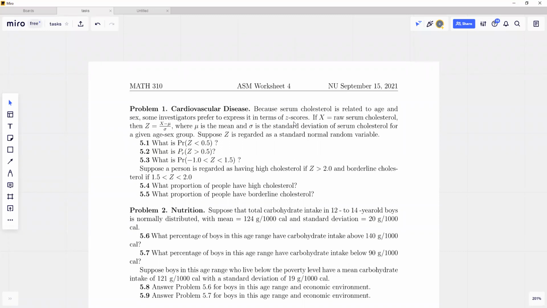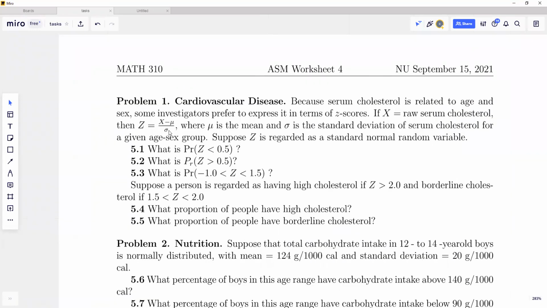If X is equal to raw serum cholesterol, then Z is equal to X minus mu over sigma, where mu is the mean and sigma is the standard deviation of serum cholesterol for a given age sex group. Suppose Z is regarded as standard normal variable, then what is probability of Z being less than 0.5?